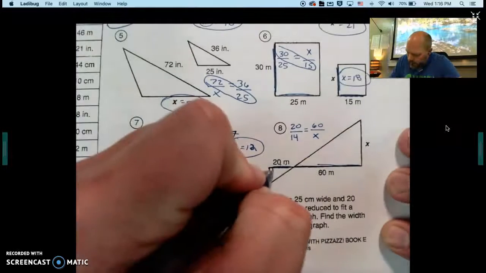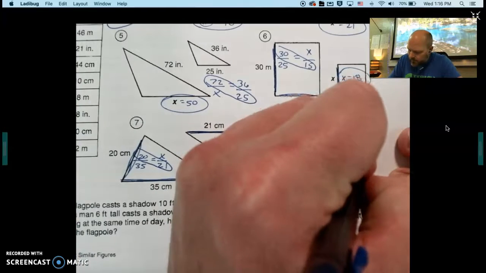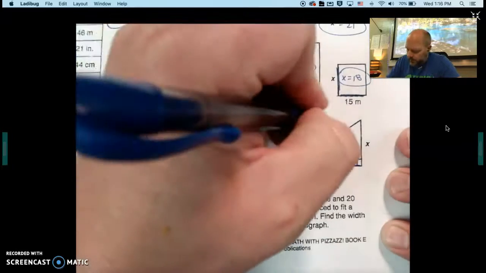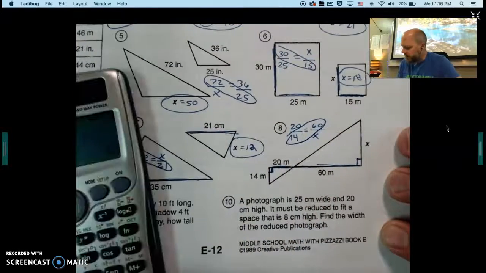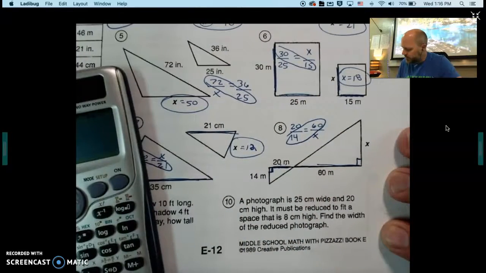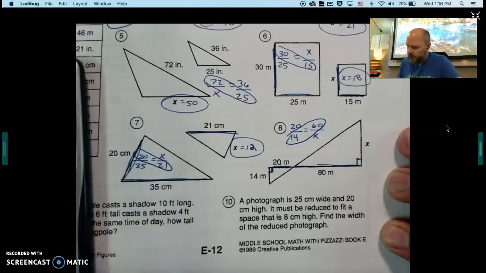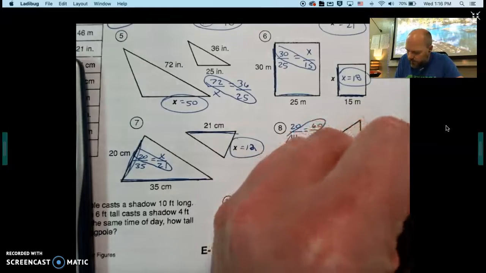You can also see the little right angle here, so that kind of helps you figure out what side is the corresponding side. All right, I'm going to multiply the numbers that are diagonal from each other, 60 times 14. And then I'm going to divide by 20, which is 42. So x equals 42.